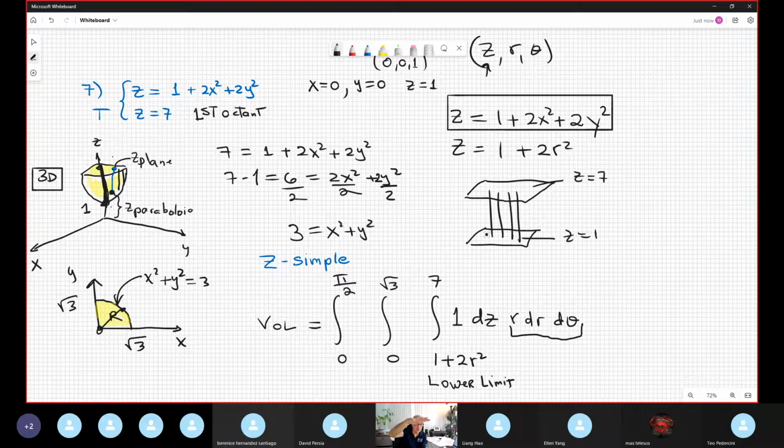The top surface is 7 and the bottom surface is the paraboloid. And it changes. Exactly. So the height of this solid is not constant. It's variable. Okay. Because it's bounded by z equals 7 and z equals the other function.